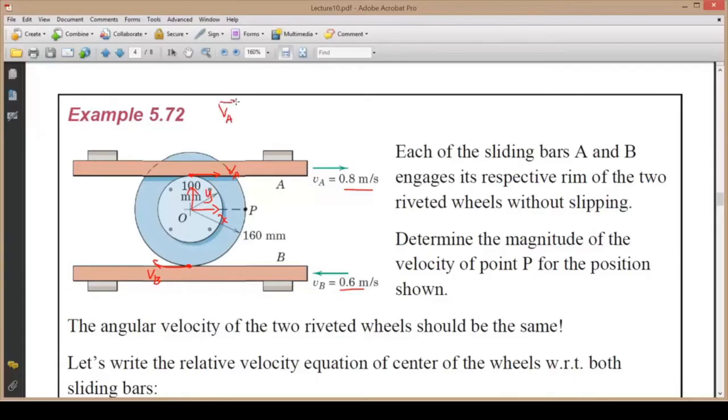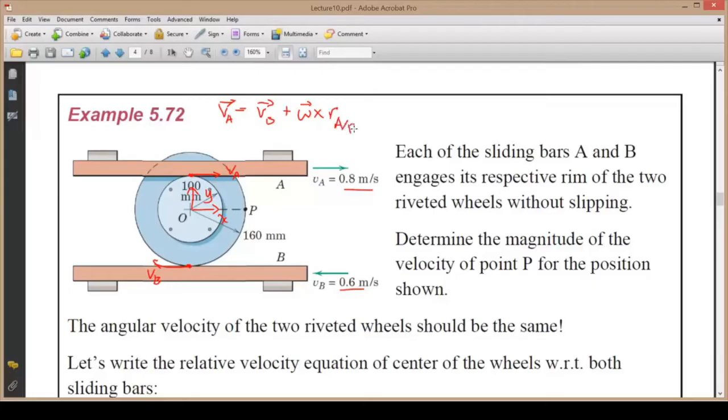VA, the velocity of that wheel, would be equal to VB plus omega, which is the angular velocity vector of this wheel, cross product with R_A with respect to B.